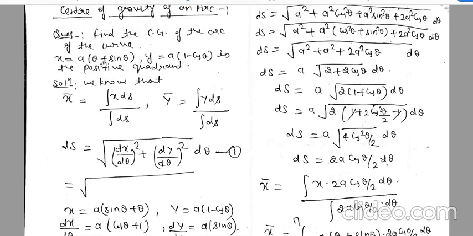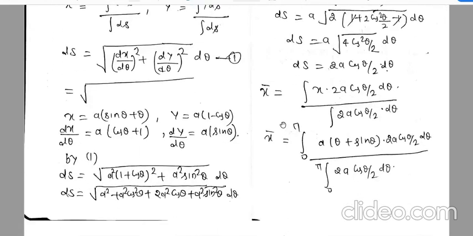After solving these two equations, our theta will be 0 to pi, that means it is in the positive quadrant. So the theta limit is 0 to pi here.